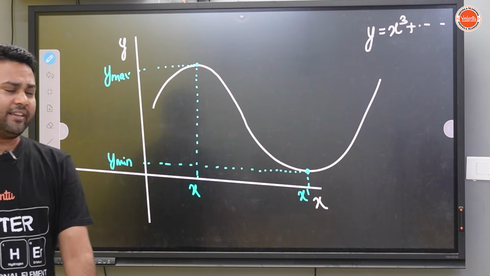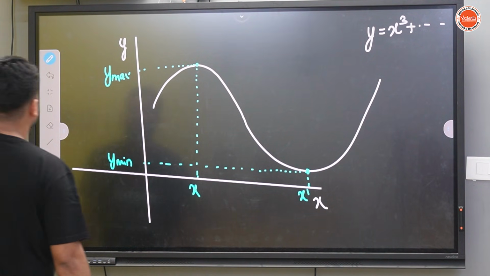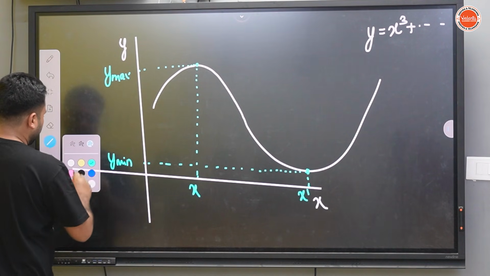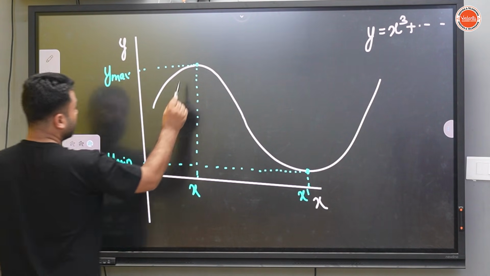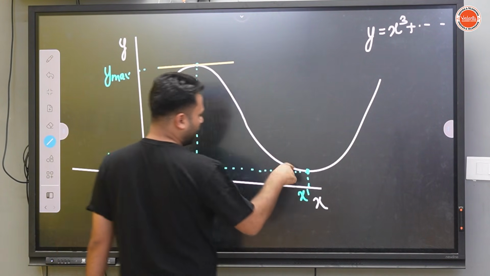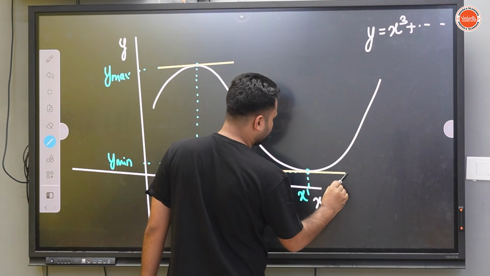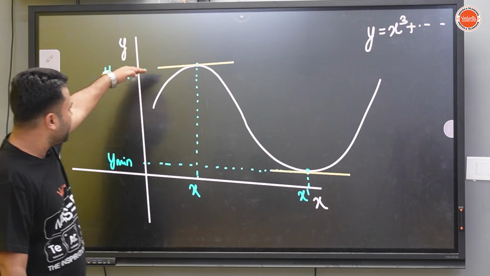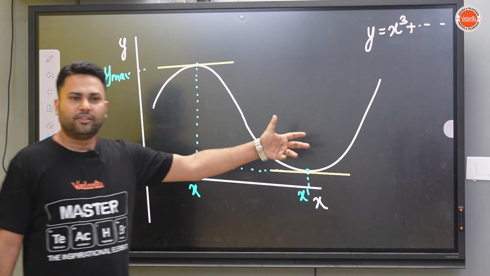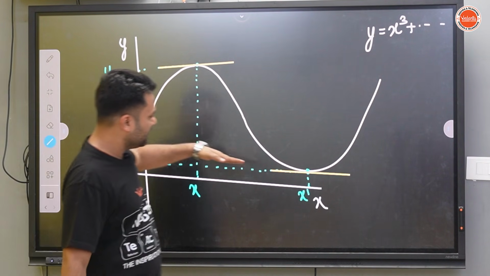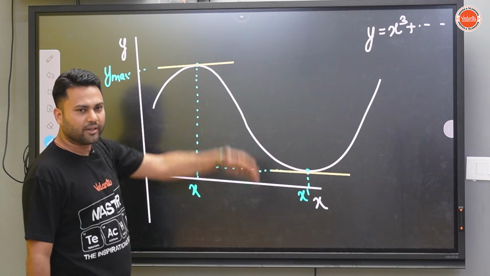Now you can see at both these points, if I draw the slope, here also if I draw the slope it is like that. Here also if I draw the slope it is like this. So at both these points what you can see, slope is 0, there is no slope. Slope value becomes 0, see, horizontal, this line is also horizontal.